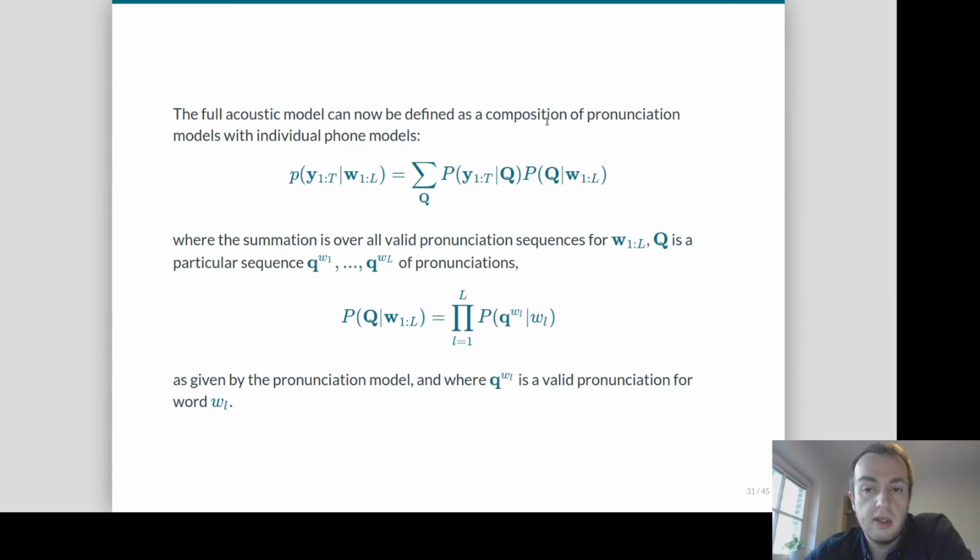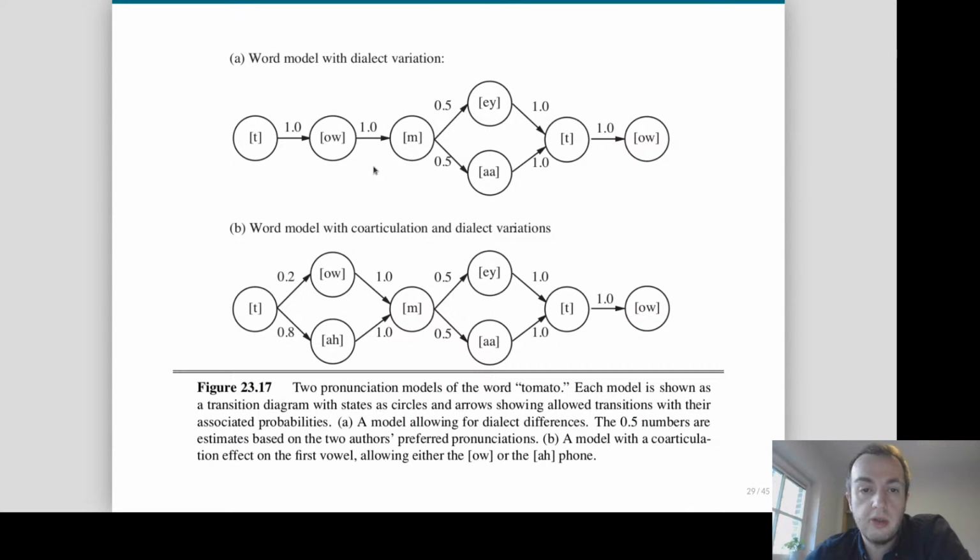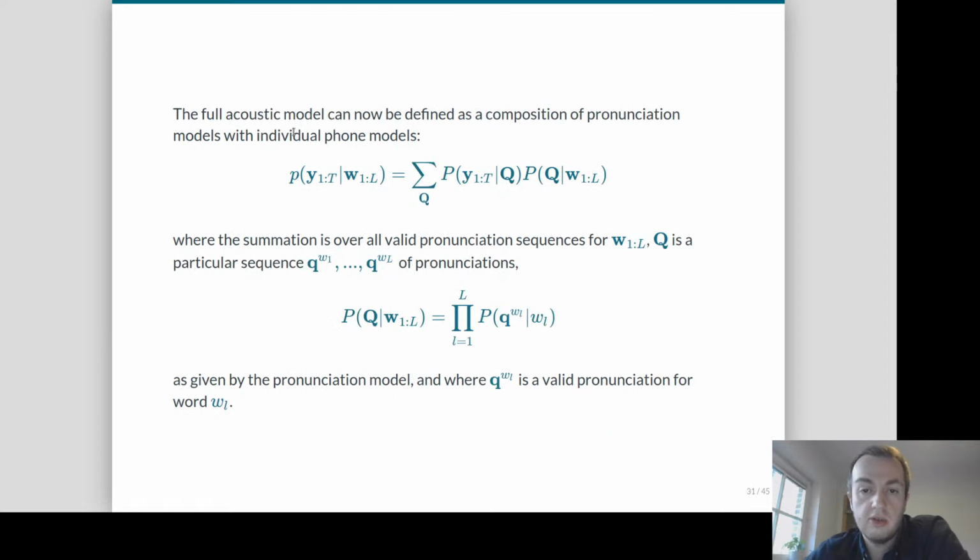Basically, the conditional probability of Y given W corresponds to the marginal distribution in which we have marginalized out all valid pronunciations Q of that sequence W. So for example, if W is just tomato, and we use this pronunciation model, then we would have two pronunciations, two different values for this Q variable.